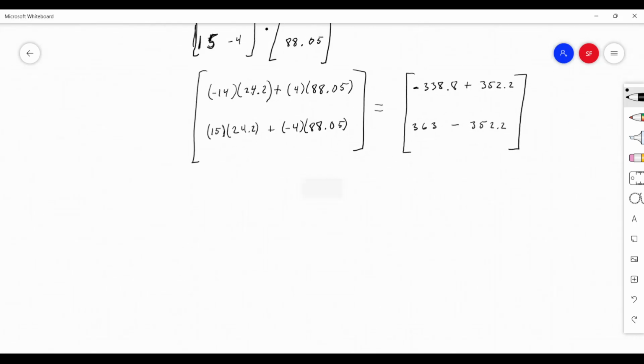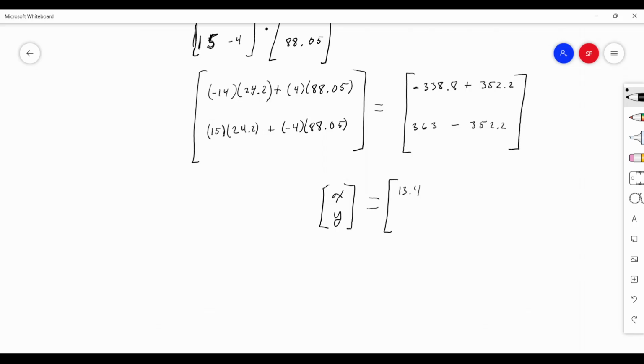So we end up with this solution. What's negative 338.8 plus 352.2? 13.4.